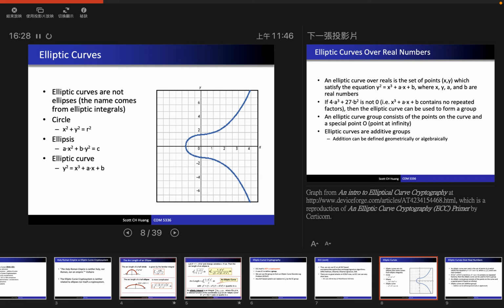Sometimes it may look like this. Sometimes it may look like this. So sometimes you have one piece. At other times you have 2 pieces. That's because, let's say you have something like this. I'll just give you guys some examples. Let's assume that the cubic term can be factorized this way.